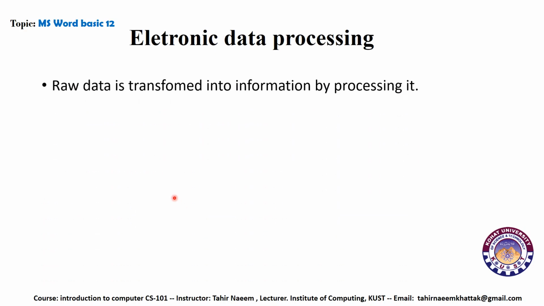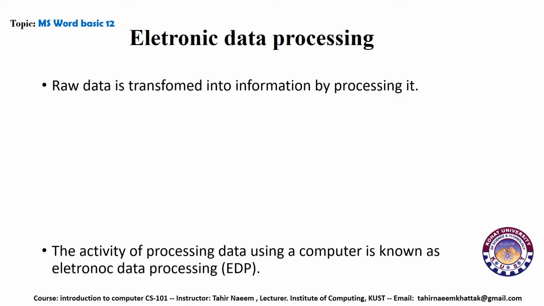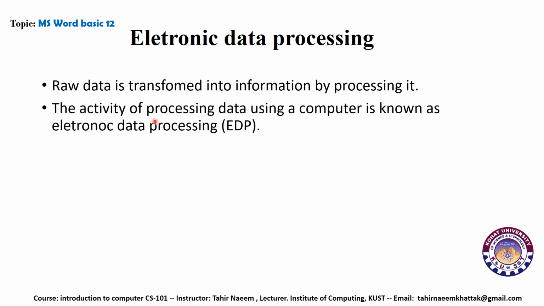Electronic data processing. Raw data is transformed into information by processing it. When raw data is manipulated, acted upon and processed, it becomes information. The activity of processing data using a computer is known as electronic data processing.